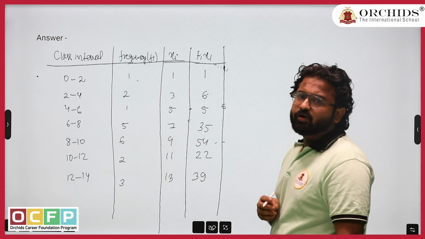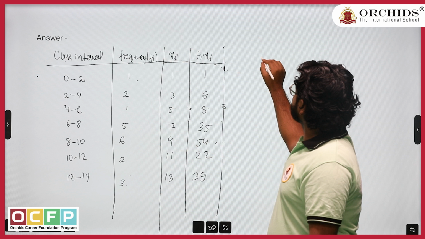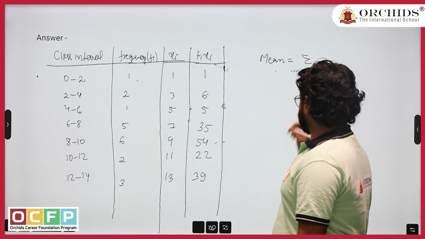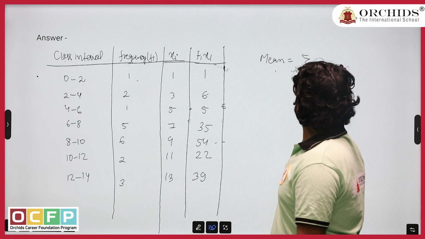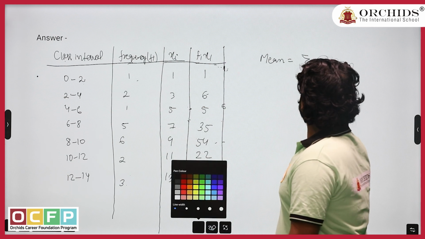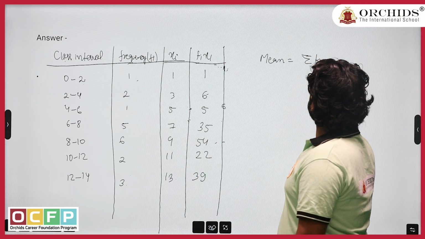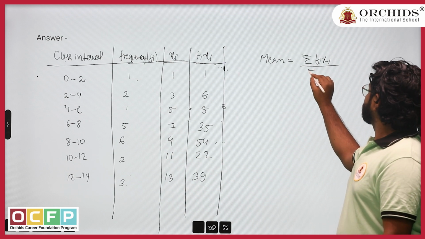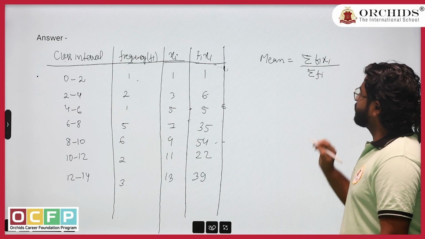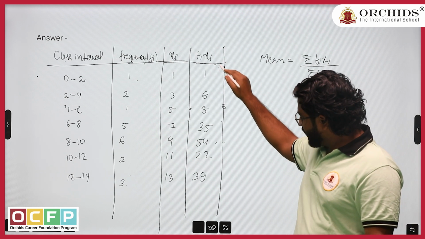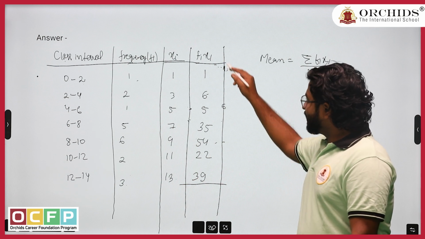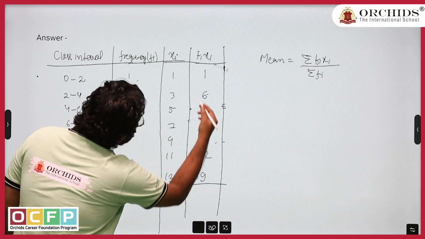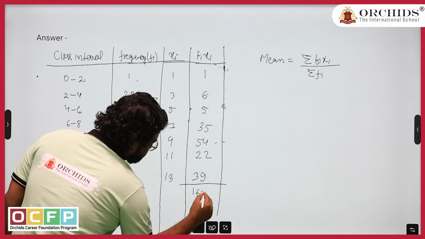What is my formula? Mean is equal to sigma fi xi by sigma fi. Sigma fi xi is the addition of all of these. Let's add them all. After adding, we get 162.